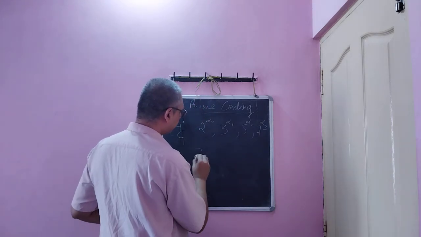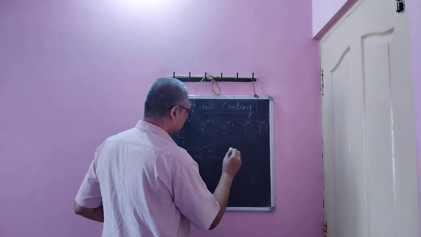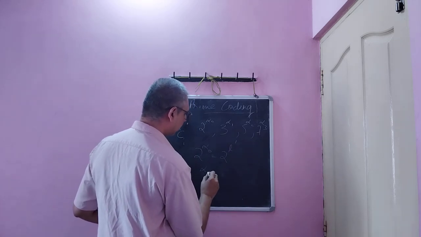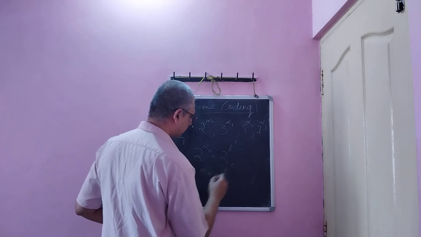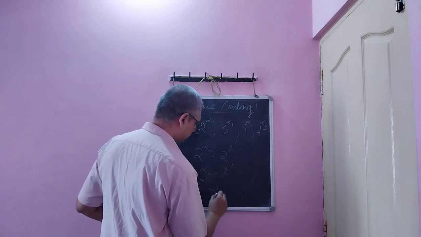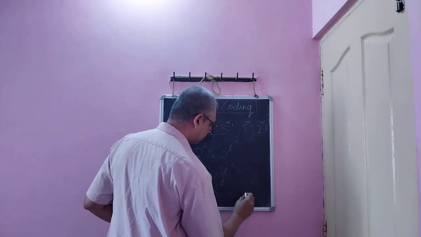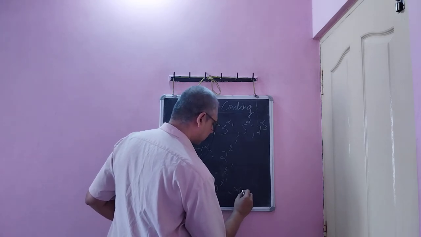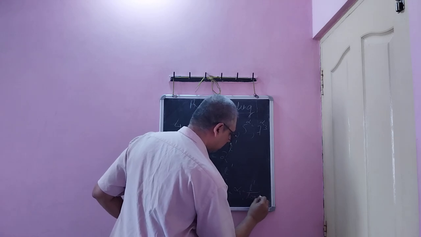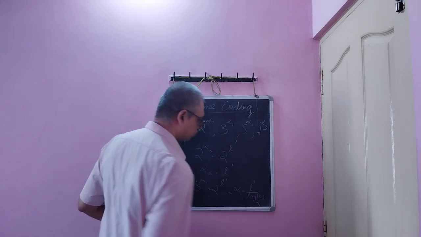So if we require 2 power alpha naught equal to 2 power L dash, we will require alpha naught equal to L dash. If we require 3 power alpha 1 equal to 2 power L dash, we require alpha 1 equal to L dash by log 3 to the base 2.